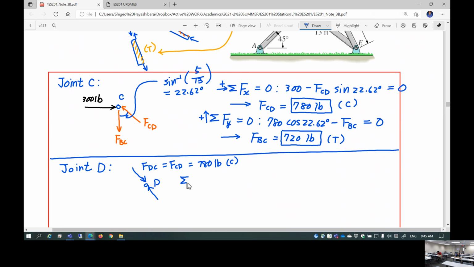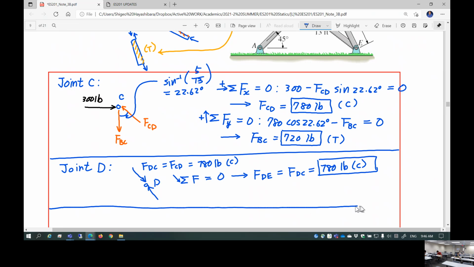If you do a summation of the force in this direction, not necessarily x or y, the summation of force in this direction must be equal to 0. This really means that FDE is equal to FDC, which is equal to 780 pounds, again compressive. So the internal force of this member and that member is the same. Both are compressive, 780 pounds, very easy.